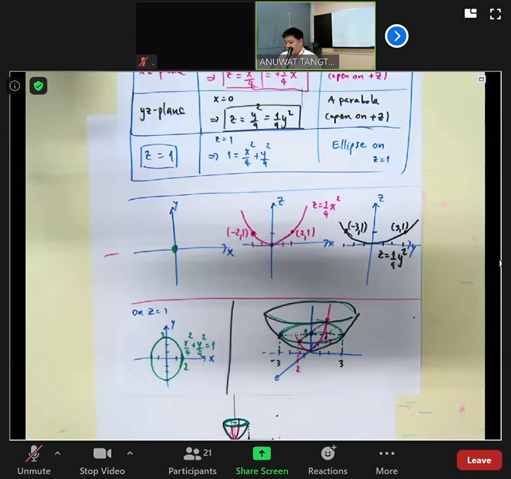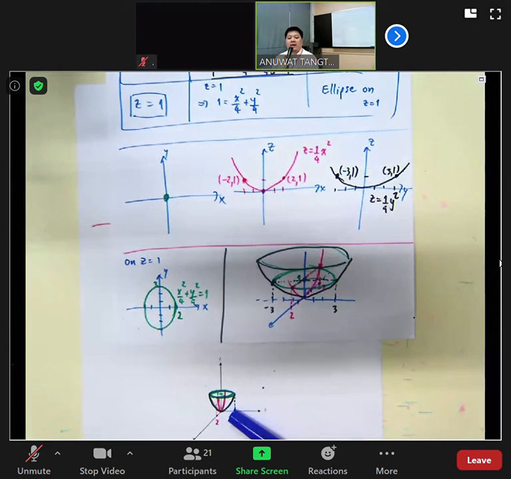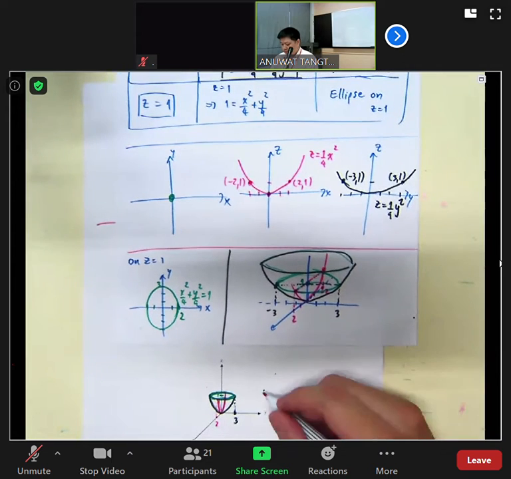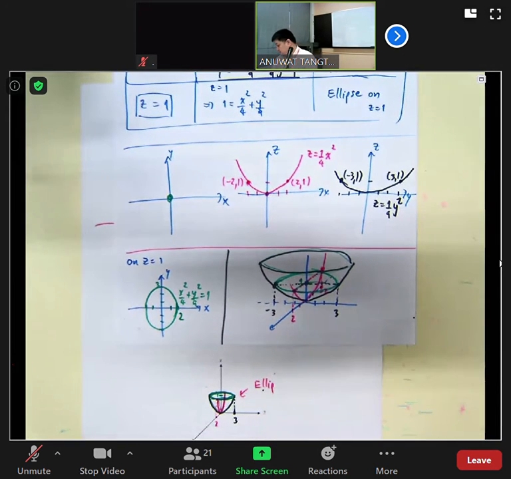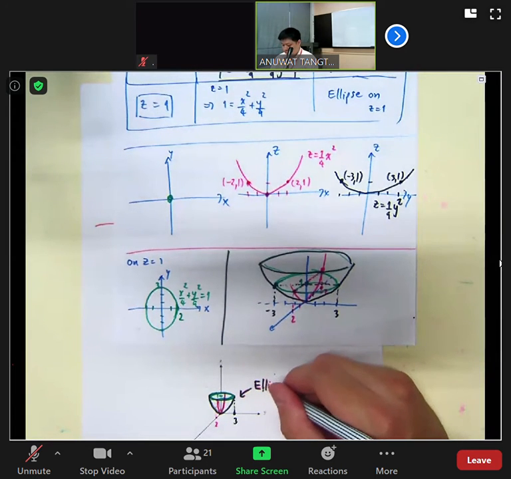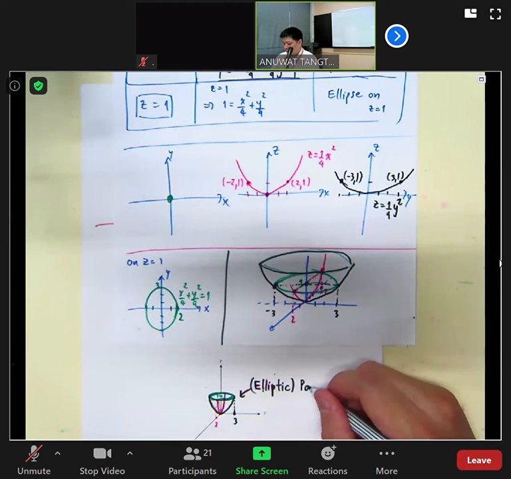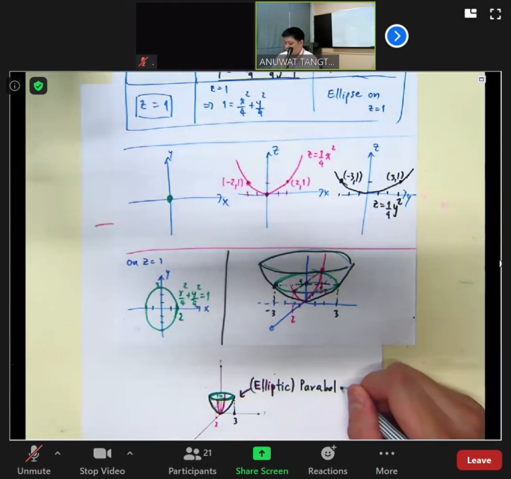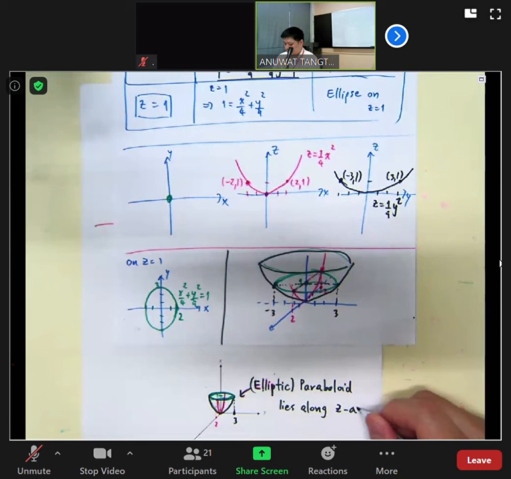Okay, and this is the elliptic paraboloid, or just paraboloid. The paraboloid lies along the z-axis.